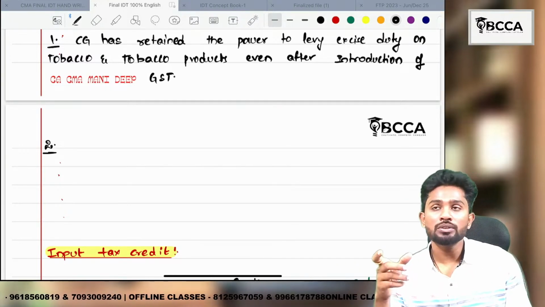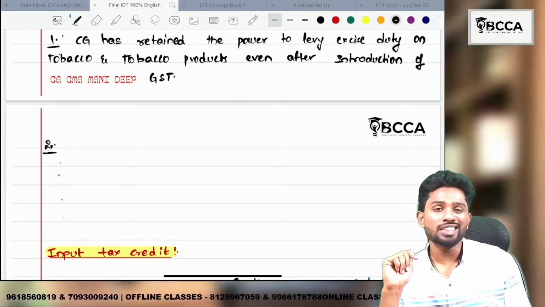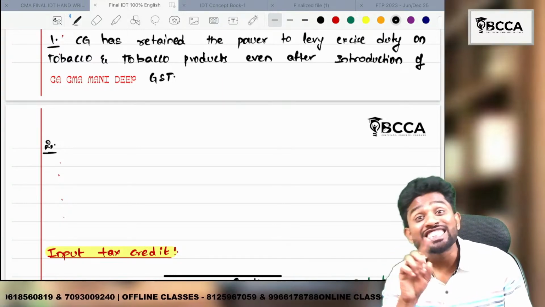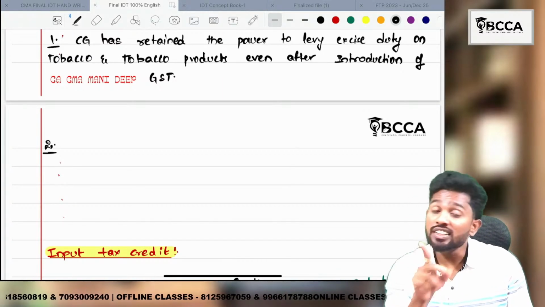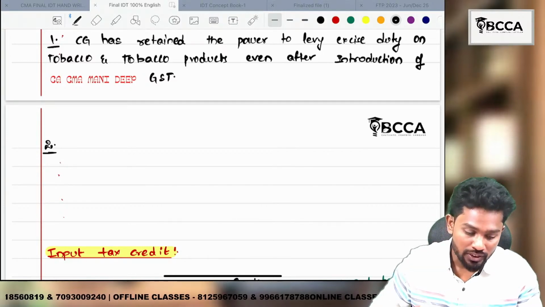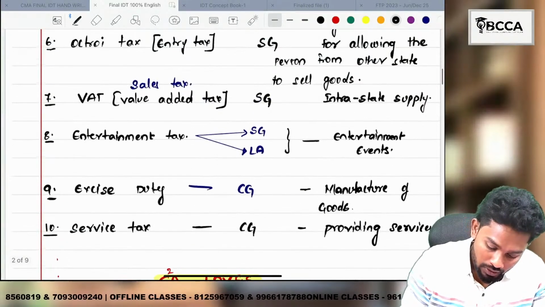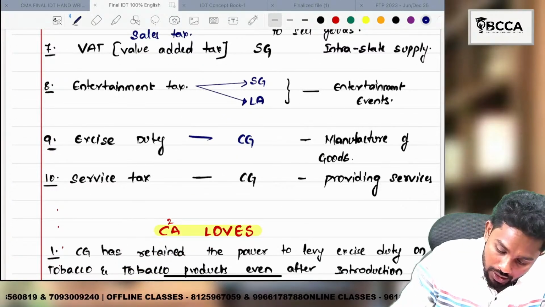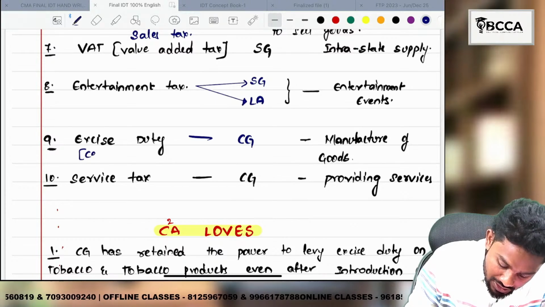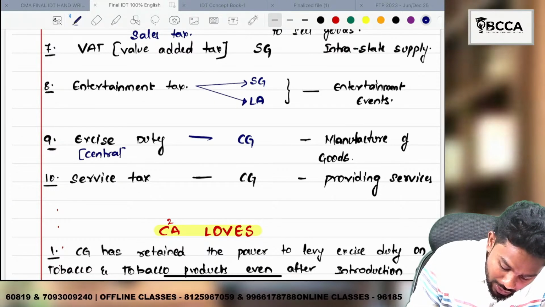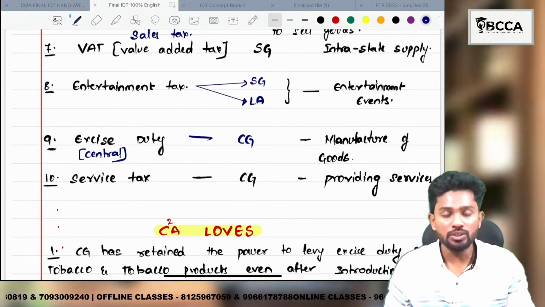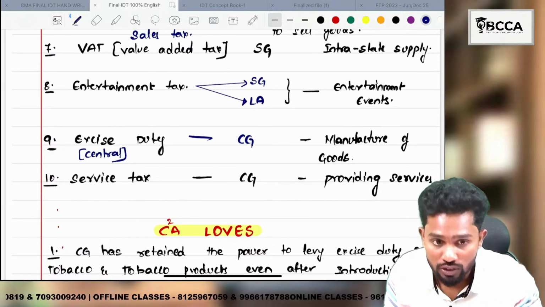even on them, after introducing GST, there is still state excise duty. Understand, there is state excise duty and central excise duty. Here, the central excise duty alone is subsumed into GST, the central excise duty levied by the central government on manufacture of goods.